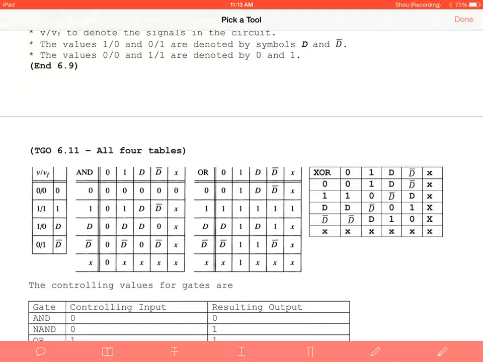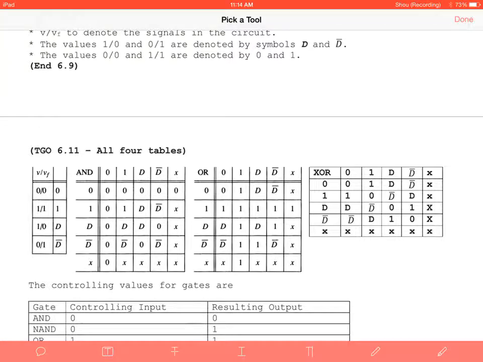So the controllability of this test doesn't work, right? Because no matter what, it's still going to give you the correct value. So 1 and D is just going to give you D, because if it should be 1 and 1, it's going to give you 1 on the output. If it should be 1 and is 0, it's still going to give you 0 on the output. So it matches with D. So 1 and D bar becomes the same thing.